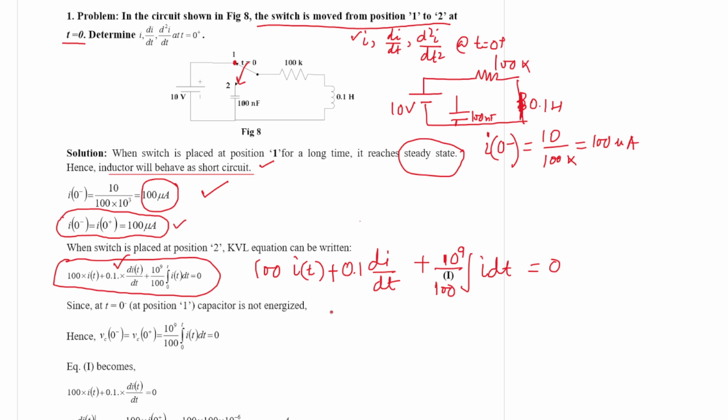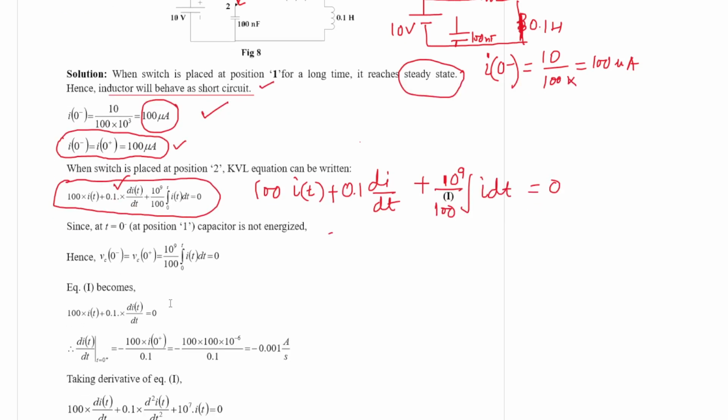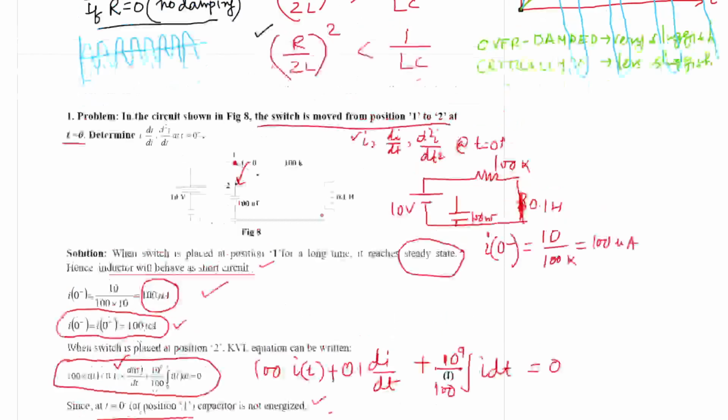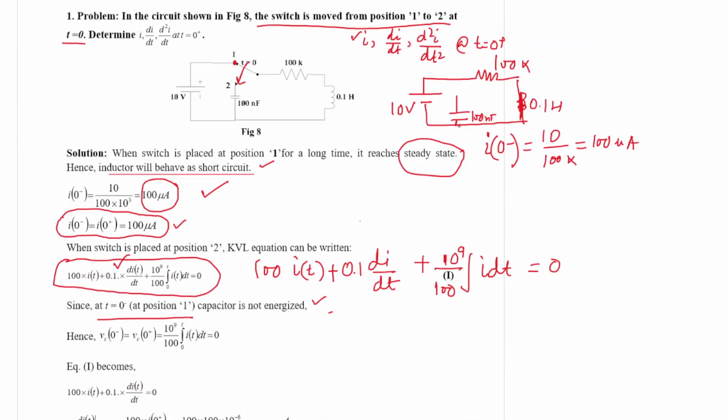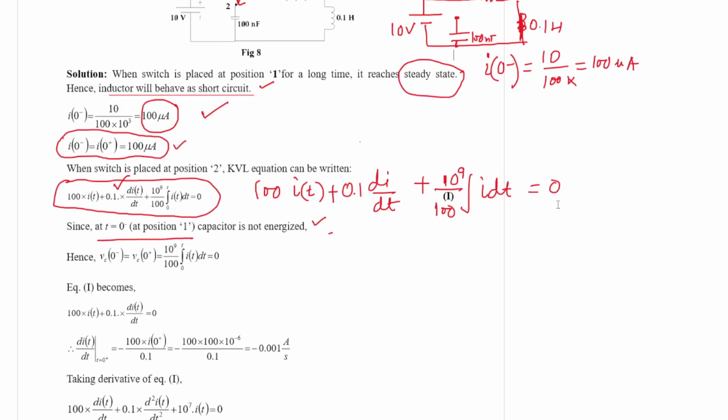Now if you substitute at t equal to 0, let us follow what is written here. At t equal to 0 minus, that means position 1, the capacitor is not charged. That is true because the capacitor is isolated, so no current flows through it and it is not possible to build any voltage across it. So we can directly write Vc(0 minus) equals Vc(0 plus), which is equal to 0.